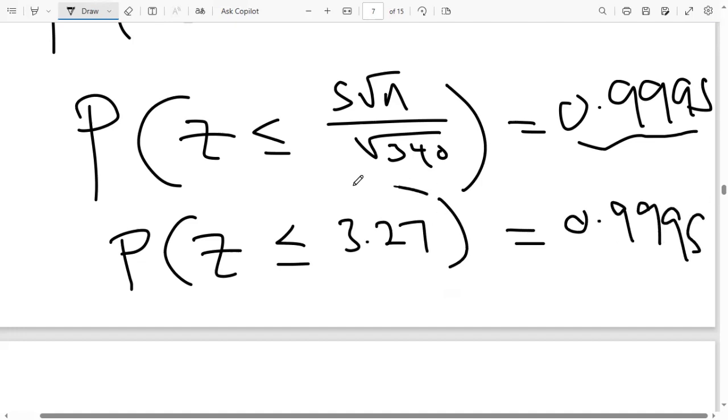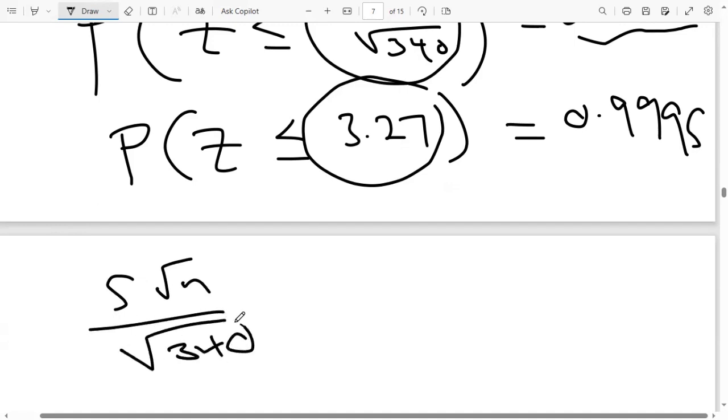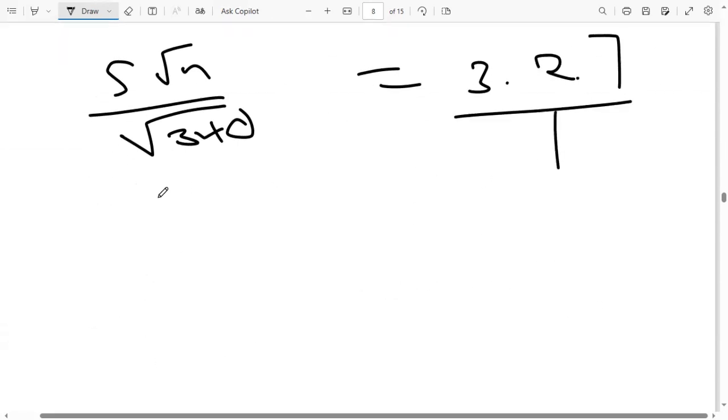Okay, so now we want to equate this to this to find the value of n. So 5 root n divided by the root of 340 equals 3.27. So cross multiply, we're going to remain with 5 multiplied by the square root of n equals this multiplied by this.